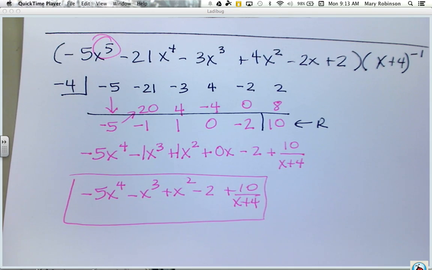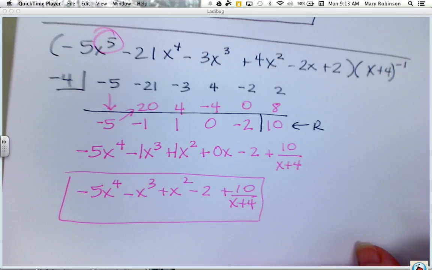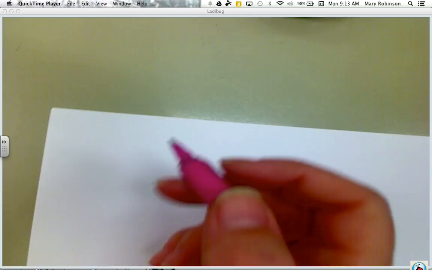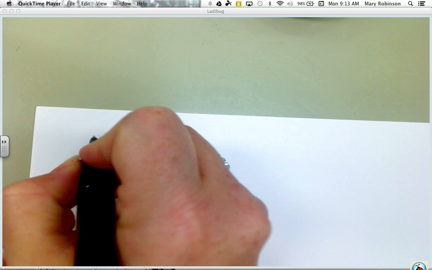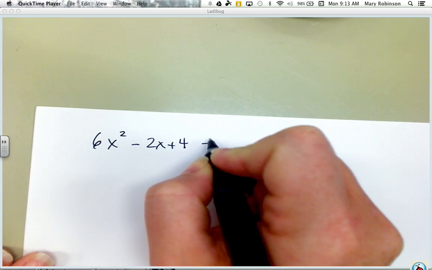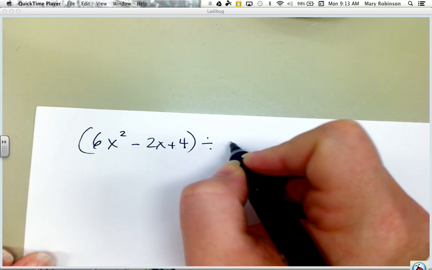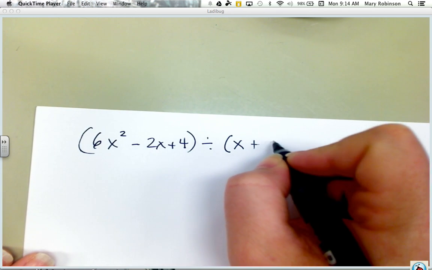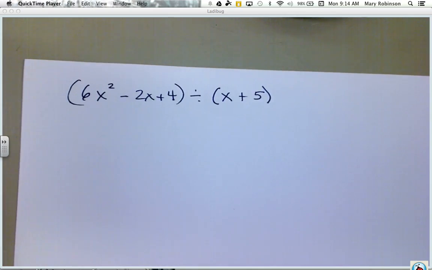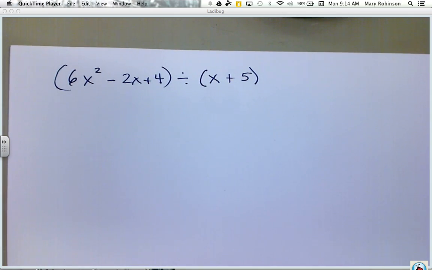I'm going to give you one more to see if you can practice this and do this independently, and then check your answer. All right, so go ahead and hit pause to try this, and then you can come back and check your answer.